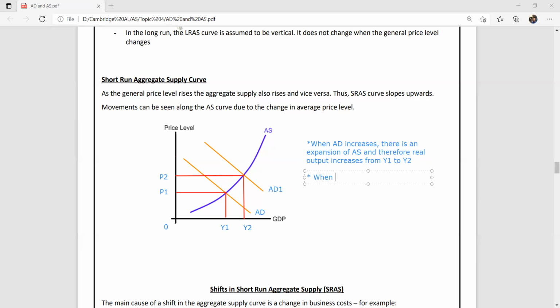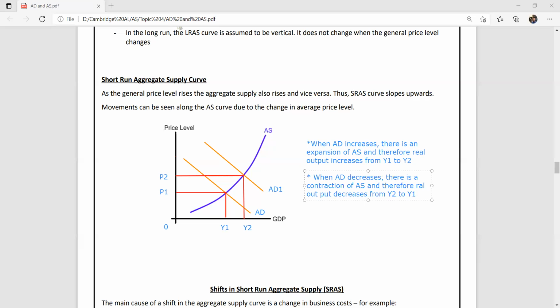When aggregate demand decreases, there is a contraction of aggregate supply, and therefore real output decreases from Y2 to Y1.